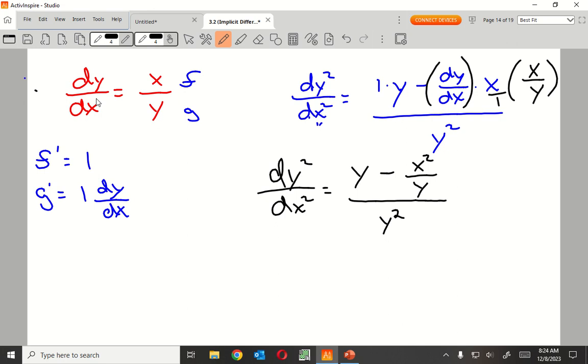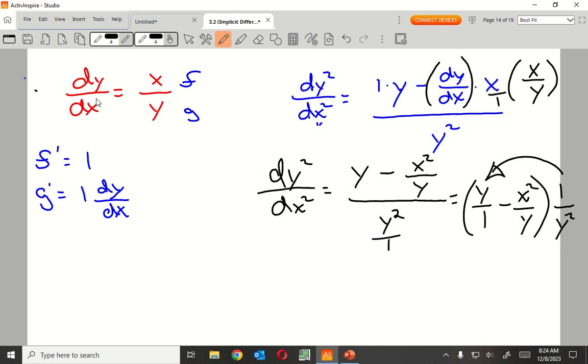And then I'm going to clean it up a little bit. Okay, so that's going to be y over 1 minus x squared over y. So, right here, fraction by fraction multiplied by the reciprocal of the bottom. The reciprocal of the bottom is going to become 1 over y squared. So as I distribute that in, to this first one here, one of my y's is going to cancel.